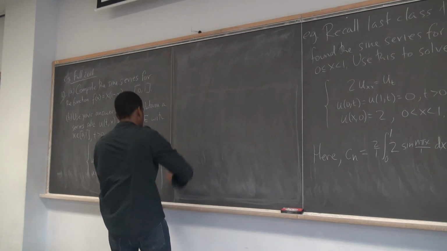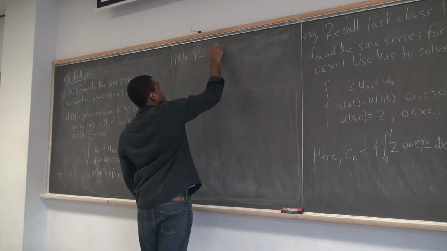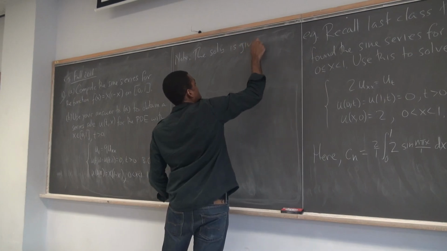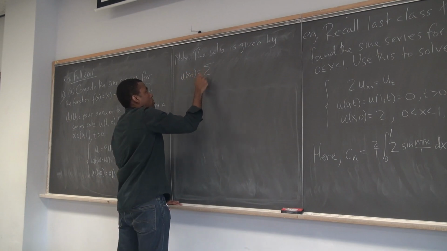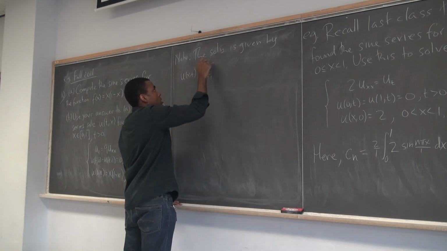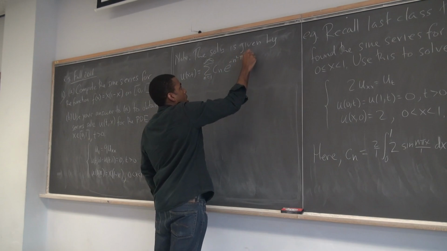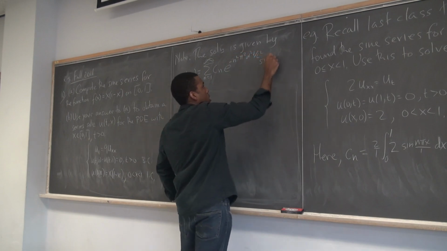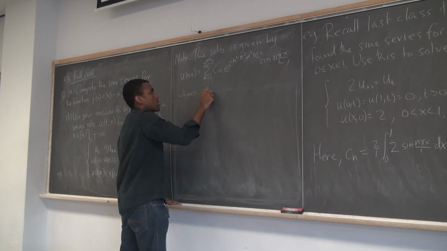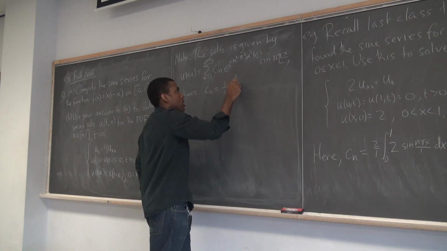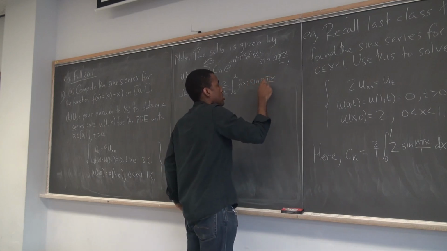So remember, note, the solution is given by u of x,t equals the sum from 1 to infinity of Cn e to the minus n squared pi squared alpha squared t over L squared sine n pi x over L, where the Cn is just 2 over L, integral from 0 to L, f of x sine n pi x over L.